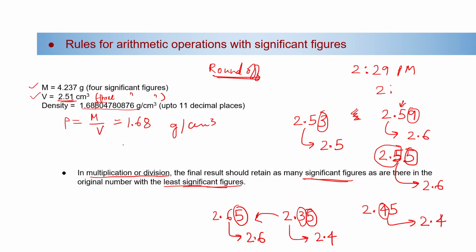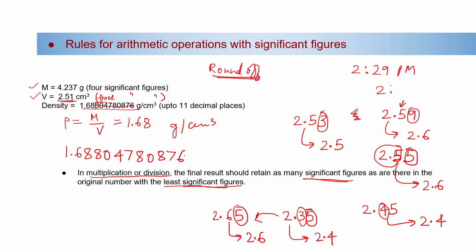Okay, now as I said, we cannot simply remove all these numbers and write up to 3 significant figures. We need to use the round off technique. So here, the density that was calculated was 1.68804780876.